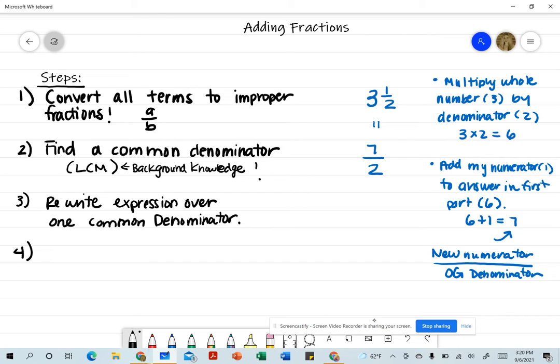Then step 4, we operate and simplify. So those are our 4 steps. You convert all terms to improper fractions, you find a common denominator, you rewrite your expression over one common denominator, then you operate and simplify.